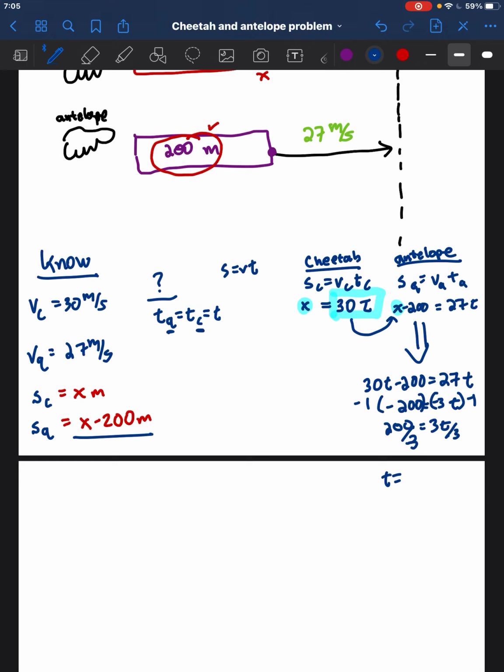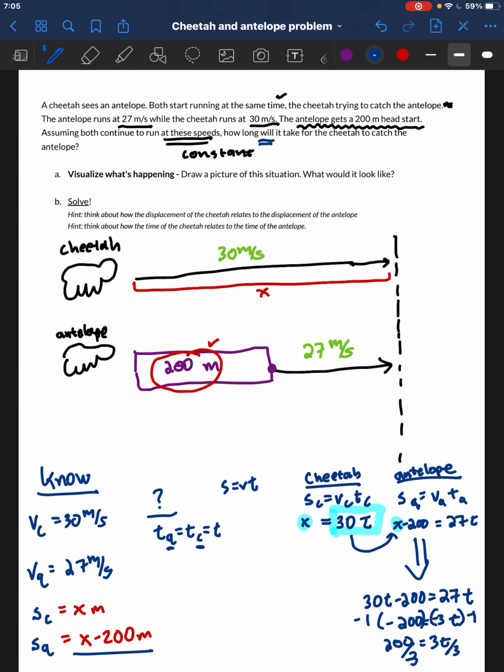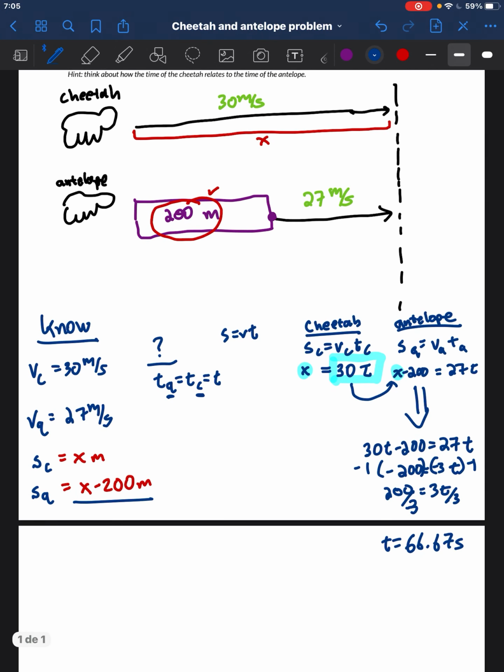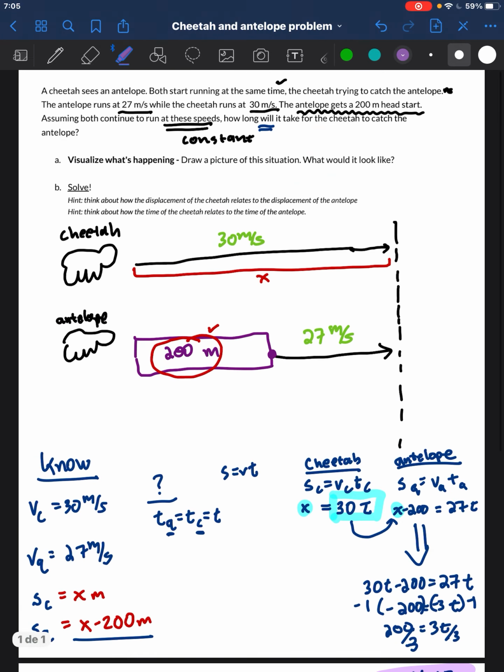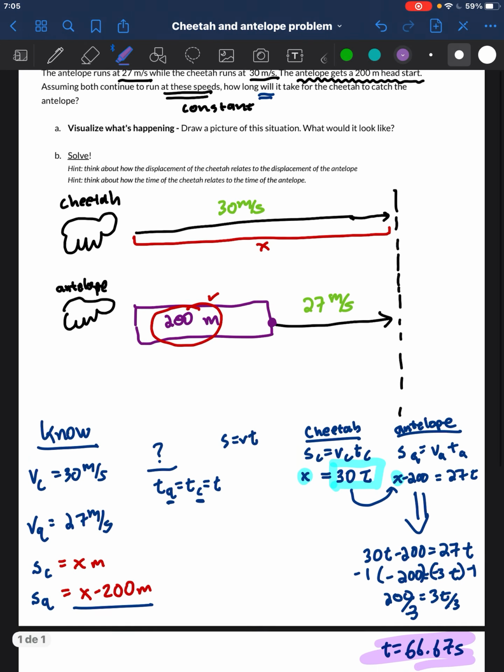My time is equal to 66.67 seconds. So I notice, assuming both continue to run at these speeds, how long will it take for the cheetah to catch the antelope? It will take 66.67 seconds, a little bit over 1 minute for the cheetah to get his dinner.